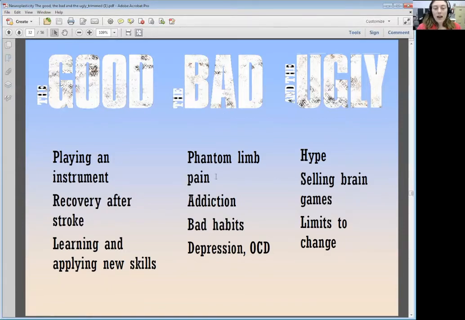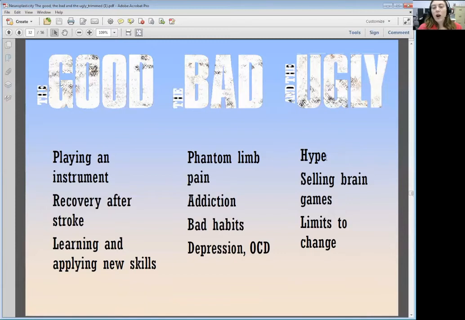In terms of the bad, as I mentioned, phantom limb pain is an example of how neuroplasticity can go wrong. Similarly, addiction, bad habits, depression, and obsessive compulsive disorder are examples of neuroplasticity gone bad. I'm also going to have a chat about some of the ugly sides of neuroplasticity.